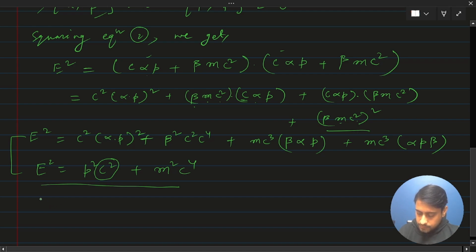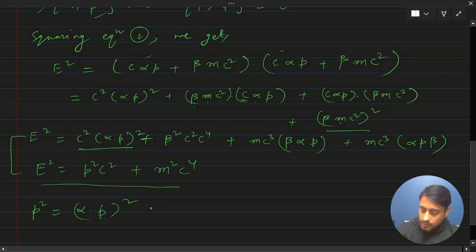If you take out this c squared from these two terms, we have p squared should be equal to (alpha·p) whole squared, and this means that alpha squared should be 1. So this is one of the things which we arrive at.